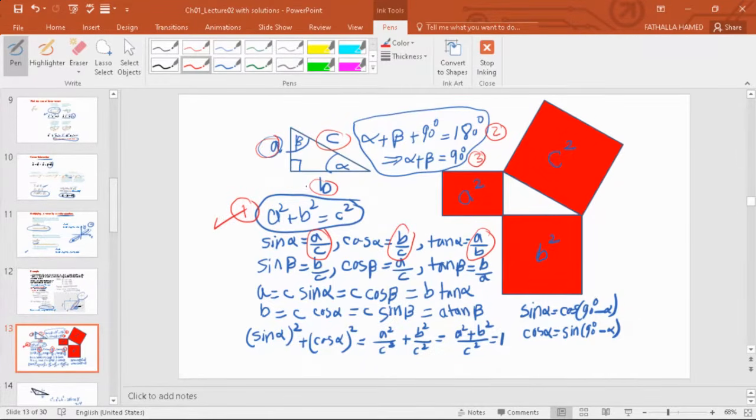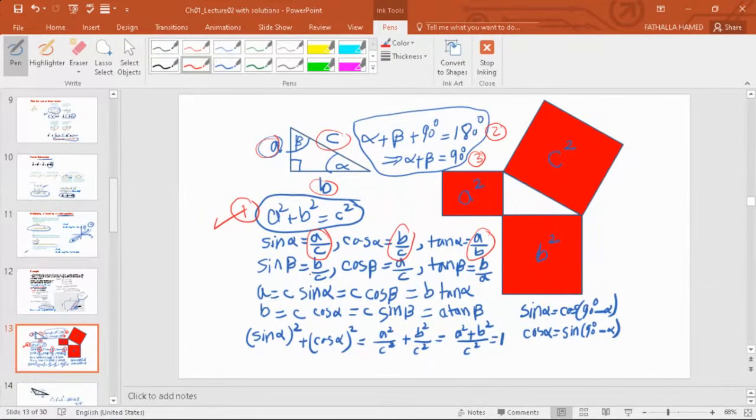They said sine alpha should equal the opposite over the hypotenuse, which is equal to A over C. And this ratio here, the adjacent to alpha over hypotenuse C, is equal to cosine alpha. And the ratio of A over B is basically taken as the tan of alpha, which is the opposite A and the adjacent B. So these are the rules that you learned before.